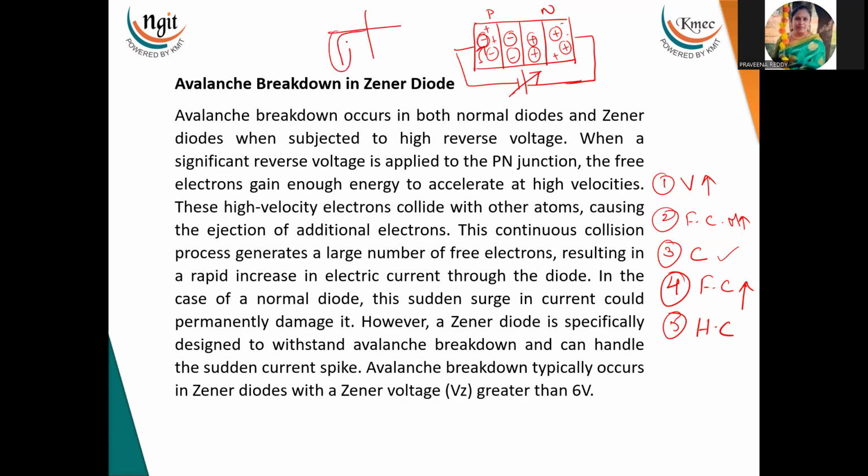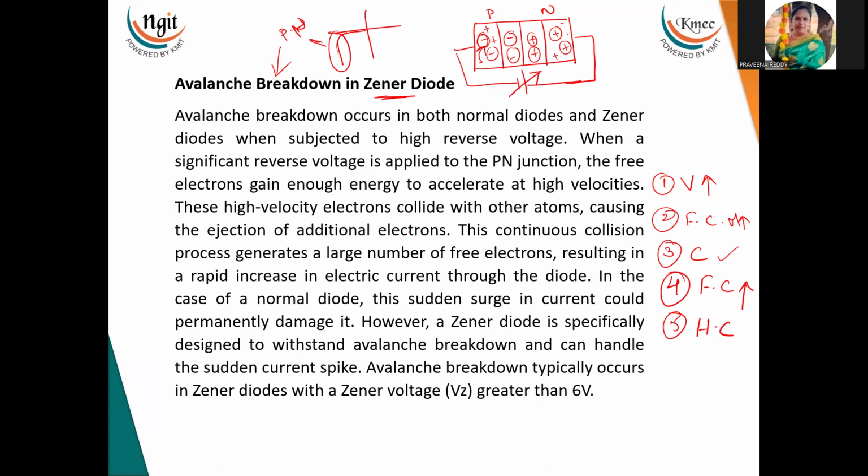This breakdown happens in the PN junction diode also, because of avalanche breakdown. Because of this sudden high current, the PN junction diode is permanently damaged. In the Zener diode, we deliberately operate the Zener in the breakdown region.